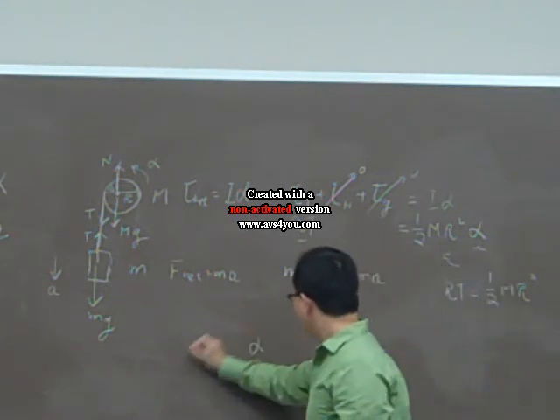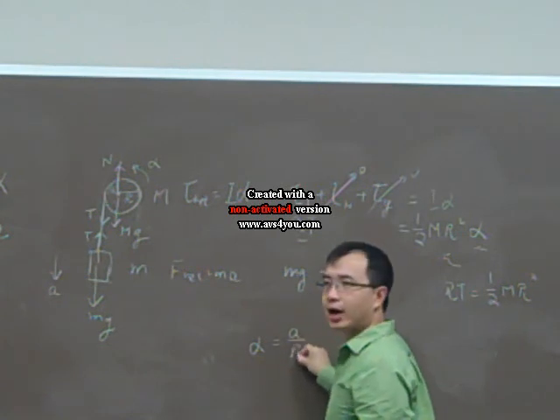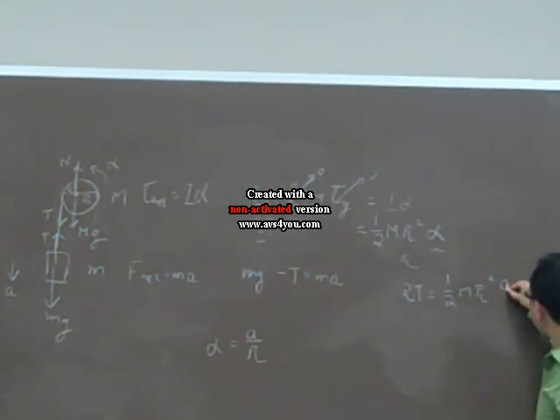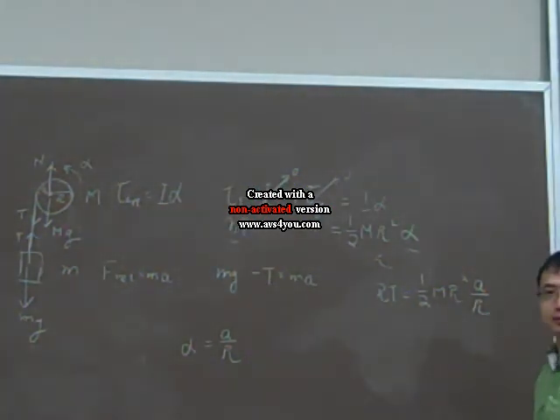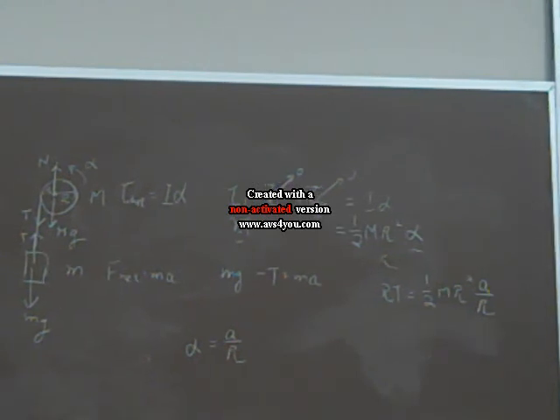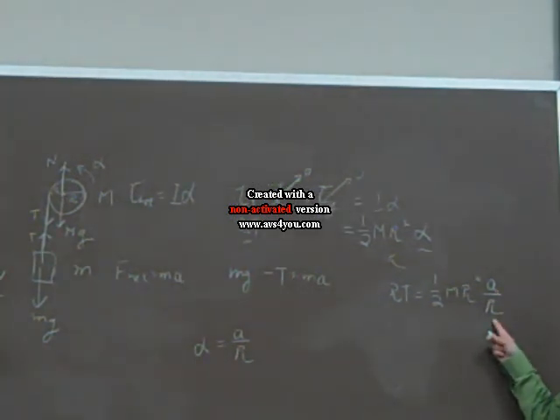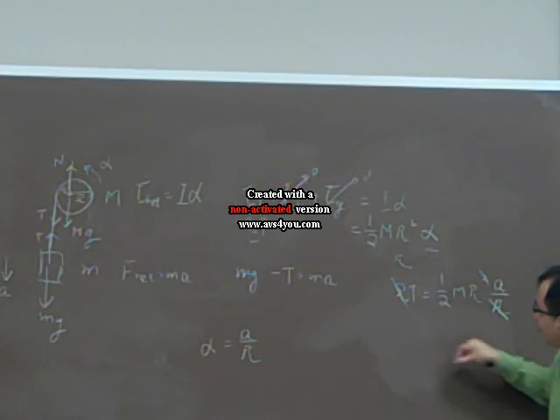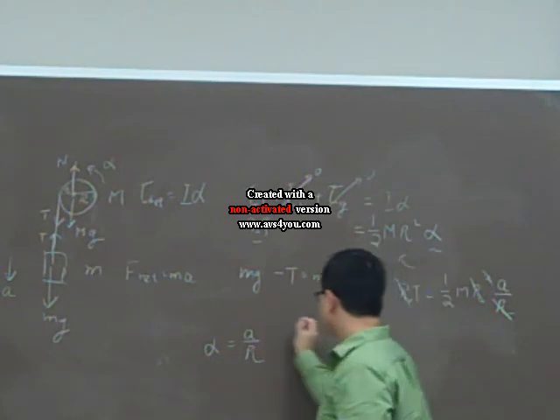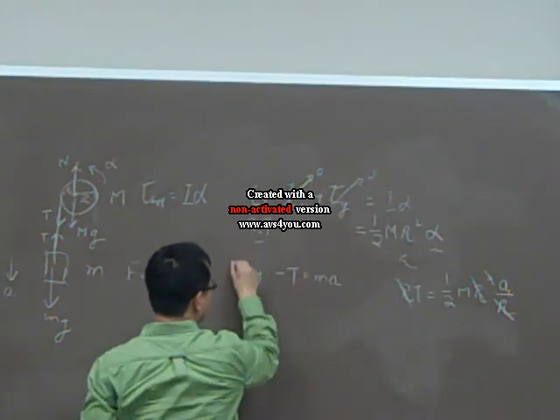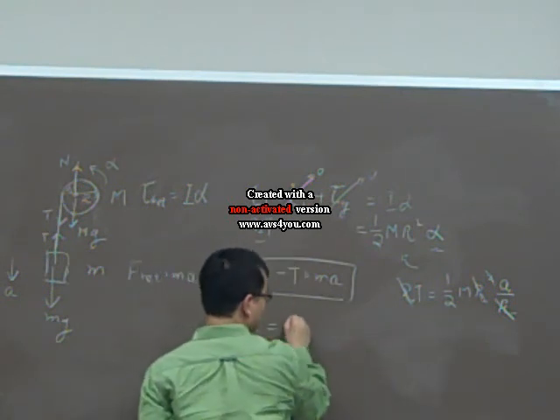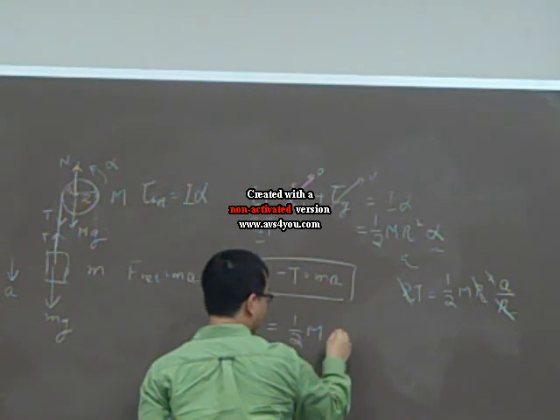So alpha equals A divided by R. This is an important relationship. Now you can see many of the quantities can be cancelled. This R cancels one of the R here, and this R also cancels one of the R here. So finally you get two equations. One is this, and another is T equals 1/2 MA.